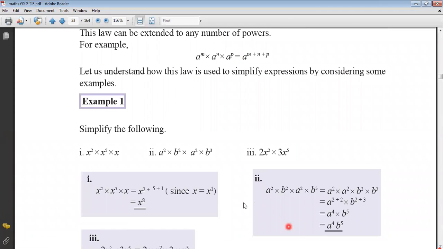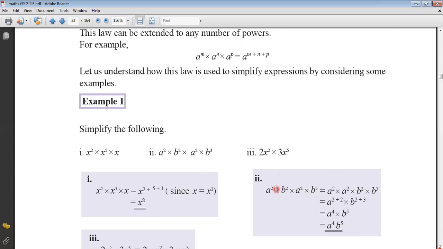Simplify the following. x second power, x fifth power and x first power. So add all of that, 2, 5 and 1. Then when you add it all, 8th power of x. Then the second one, second power of a, second power of b, second power of a, third power of b. Now these are like algebraic expressions, like indices.